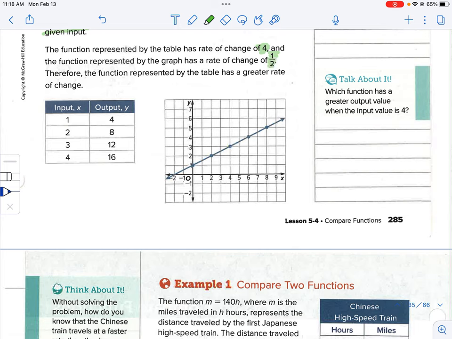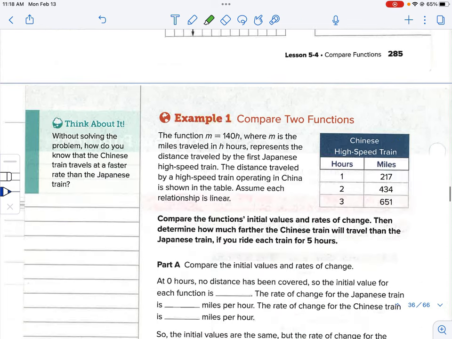Therefore, the function represented by the table has a greater rate of change. So that's all we're doing. We're looking at the slope, or the rate of change, and then the y-intercept to find out which one has a greater.